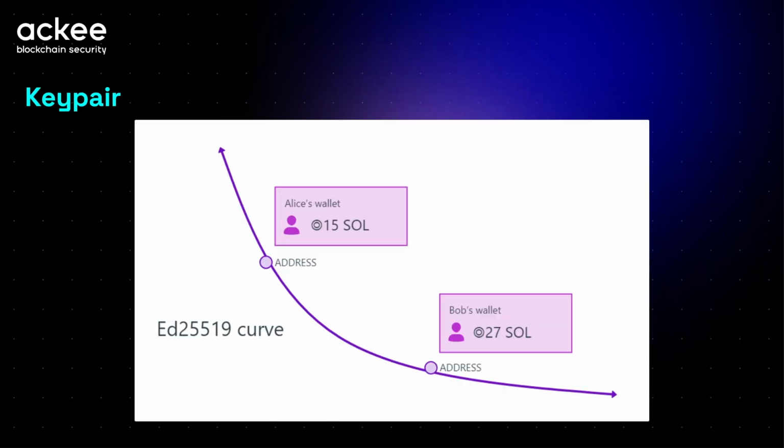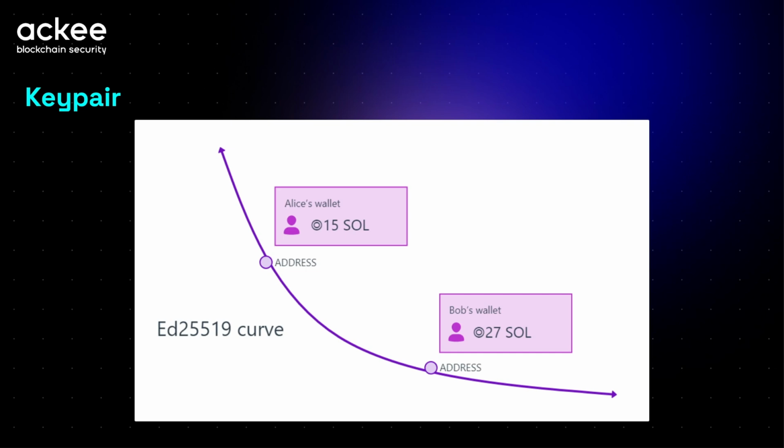Let's now continue about what are the differences between the key pair and the PDA. As you can see in the picture, let's consider the curve. It is basically the elliptic curve where all of the public keys, all of the addresses, land on. A private key is just some random scalar number that is used in order to create the point on the curve.